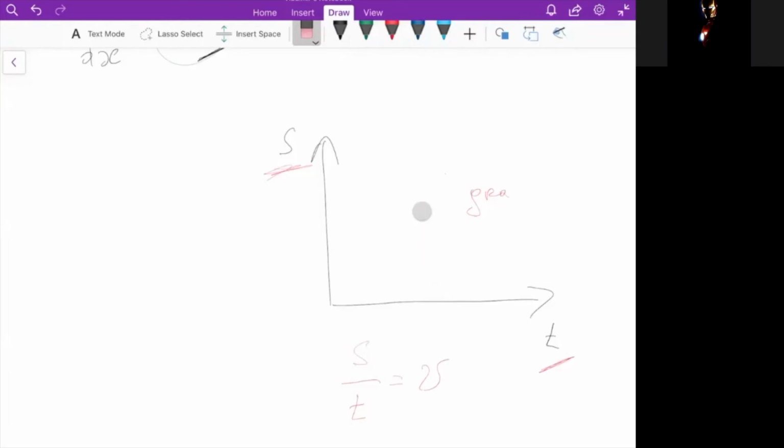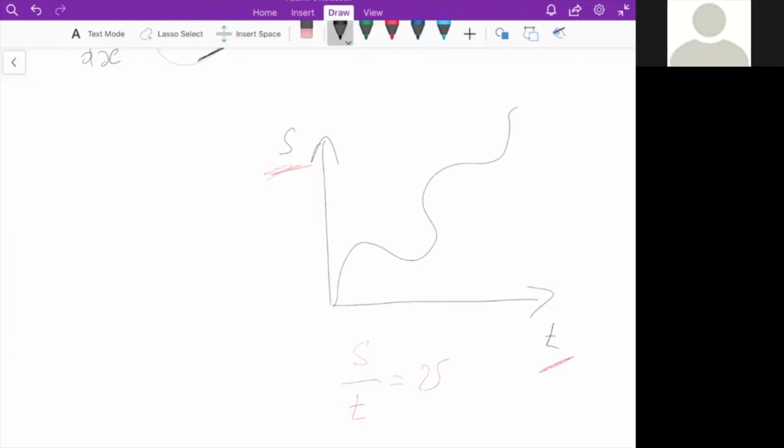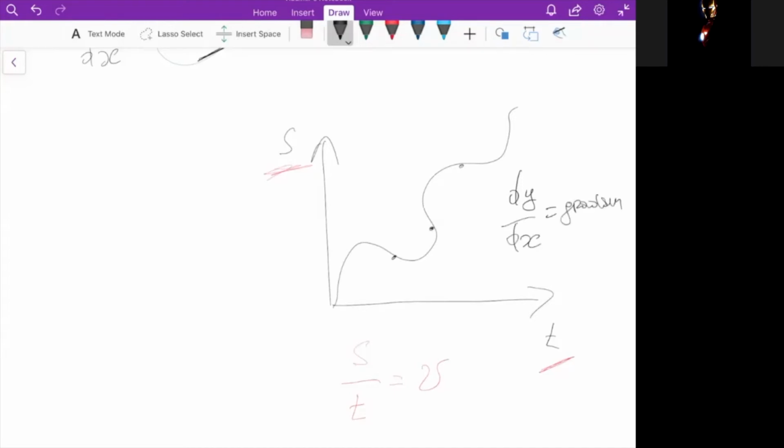Now we know how to find the gradient of any curve. If we know the actual equation, we can find the gradient at any point by finding the derivative, dy by dx. That would give us the gradient, which is equal to speed in this case.